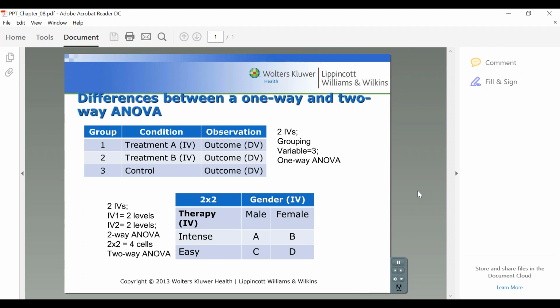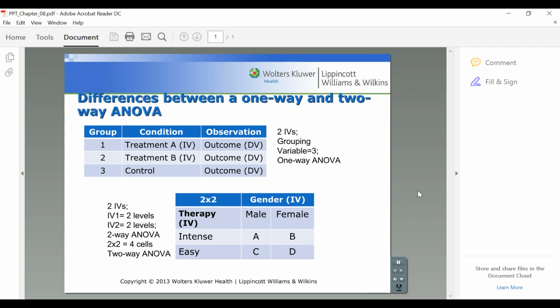Remember, you need to have at least two independent variables, and both of them need to be broken up into, at a minimum, two levels. Okay, so our independent variable gender, in this case, is broken into two levels, either male or female. And then our therapy is broken up further into two levels. We'll have intense therapy and easy therapy. Okay, so if you look to the left, you'll see the distinctions here.